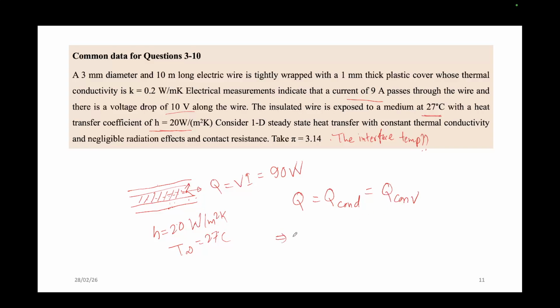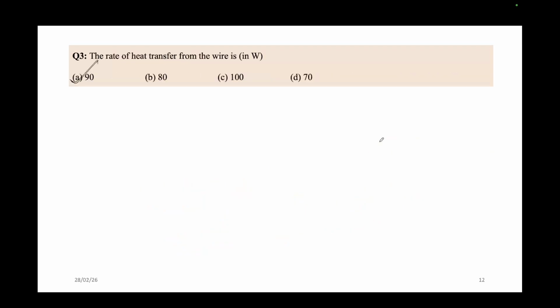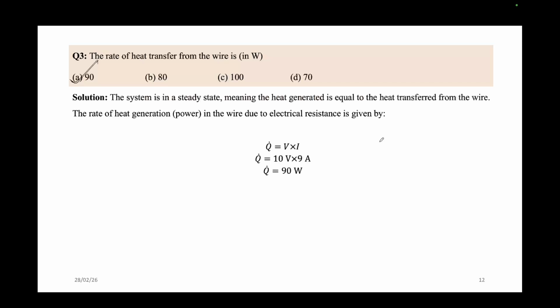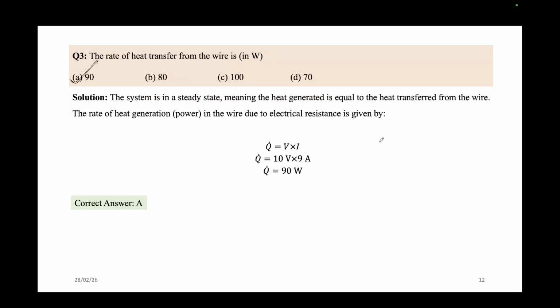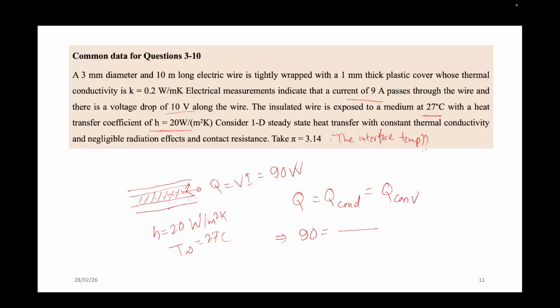So Q is given as 90. In the previous question we found the conduction heat transfer resistance, and in the next we found the convection heat transfer resistance, right? So convection resistance we know, conduction resistance we know.